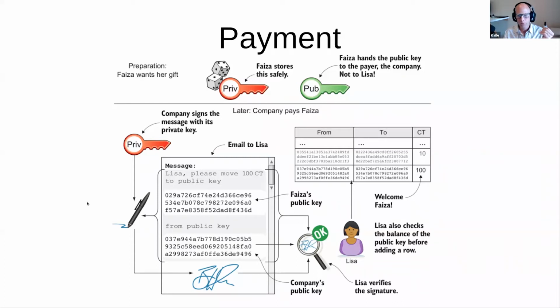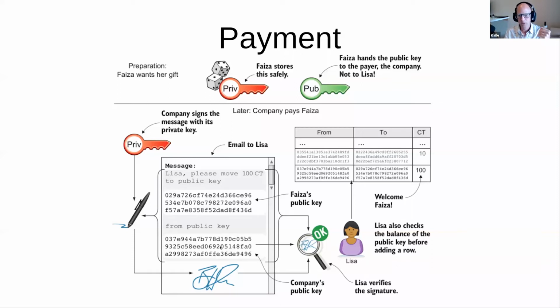And then the company creates a message like this, an email to Lisa just as before, but it's going to be a bit different. The message says, Lisa, please move 100 cookie tokens to Faisa's public key and send those 100 cookie tokens from the company's public key. So there are no names in the message anymore. So Lisa doesn't know who this is really.